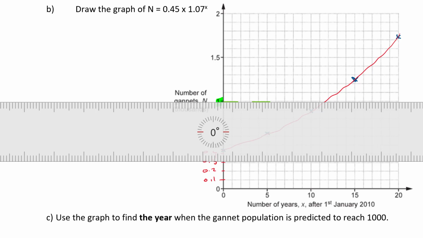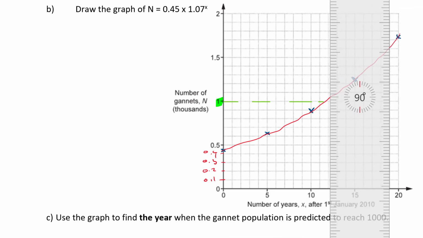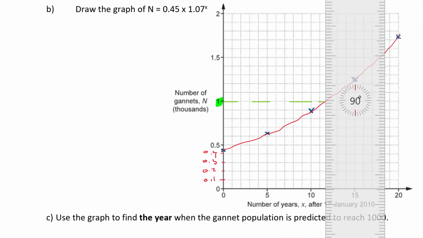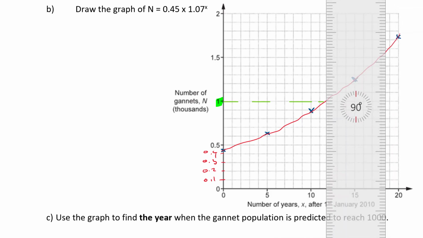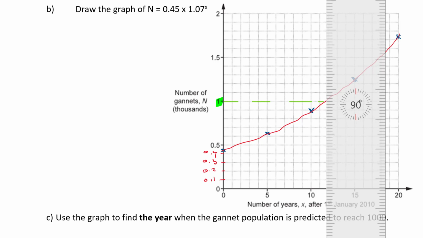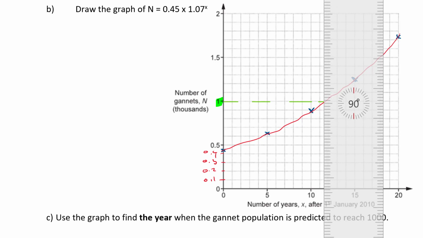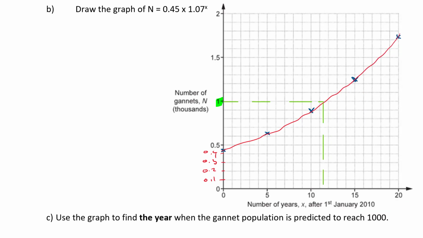So read across from 1 until you hit the line. When you hit the line, I'm going to change direction and read downwards. Okay. So the answer I'm looking for is there then, isn't it?